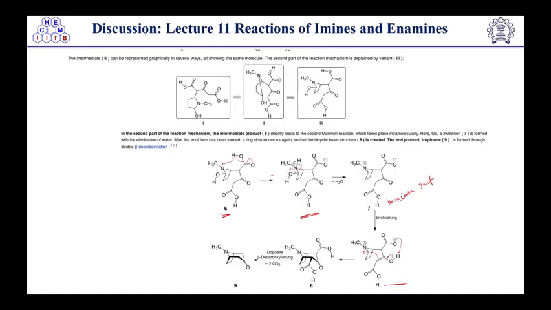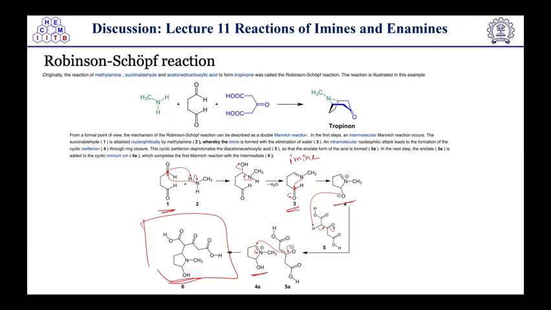After this enol formation, this double bond will attack on this carbon and it will open up. So this type of intermediate will form here. Got it? This is a Mannich reaction only, the second Mannich reaction taking place. That's why this double bond is attacking on this iminium ion. Earlier in the previous case also we discussed that this double bond was attacking on iminium.